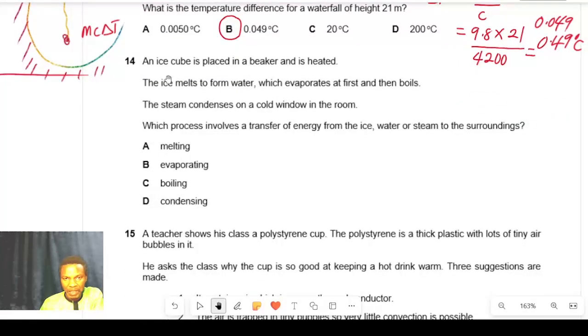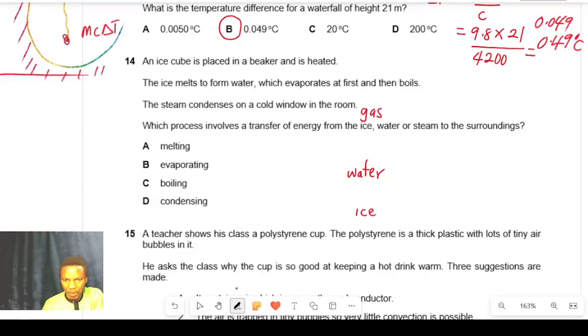Okay, an ice cube is placed in a beaker and is heated. The ice melts to form water. So we have ice, then we have water, then you have gas.